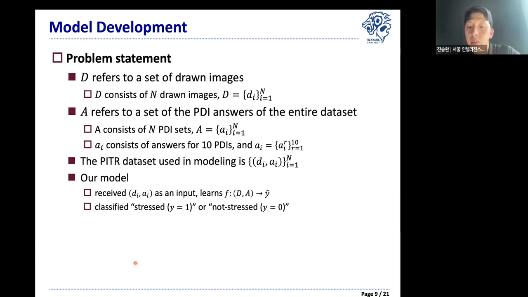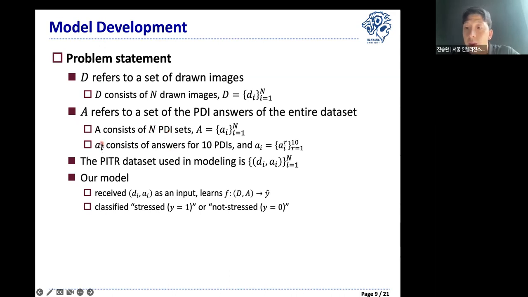In this slide, let me explain the notation of our dataset and the input-output of our model. Uppercase D refers to a set of drawn images consisting of n drawn images. Uppercase A refers to a set of the PDI answers of the entire dataset, and it consists of n PDI answer sentences.